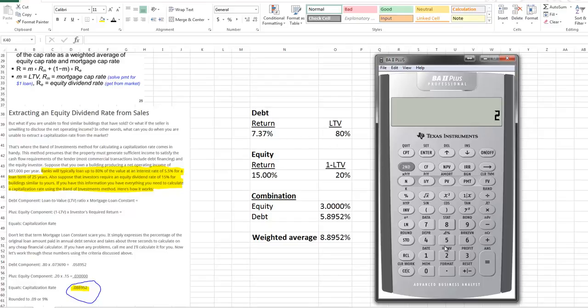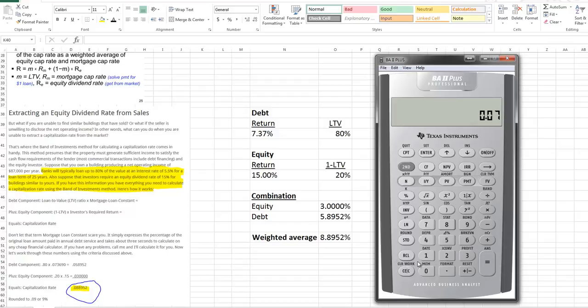The N was 25 times 12. The I, my interest rate, is 5.5. Remember it's different in the calculator than it is from Excel. Your present value is going to be -1, and your future value is 0, and compute your payment. Again, that's monthly, so multiply it times 12 to get your annual.